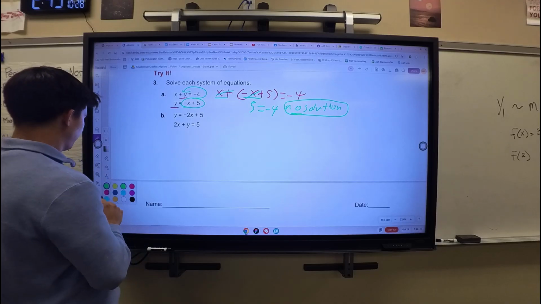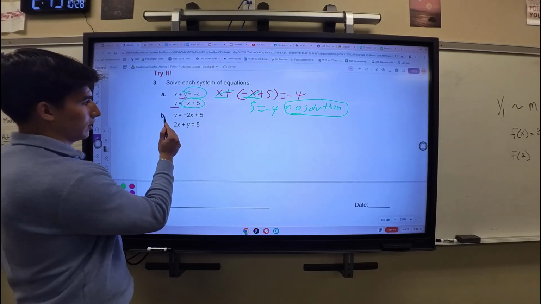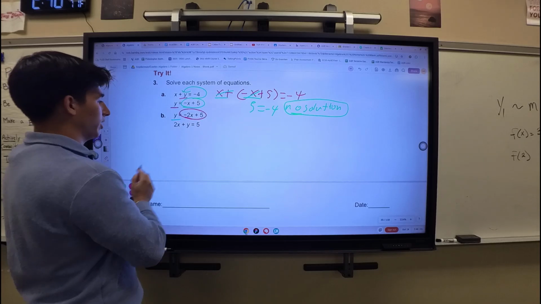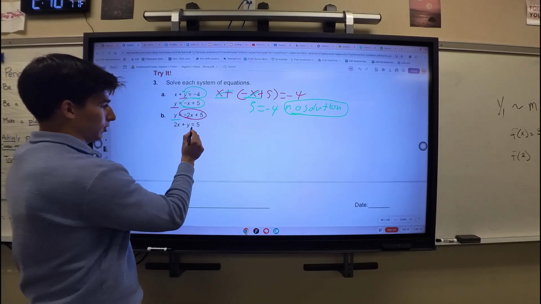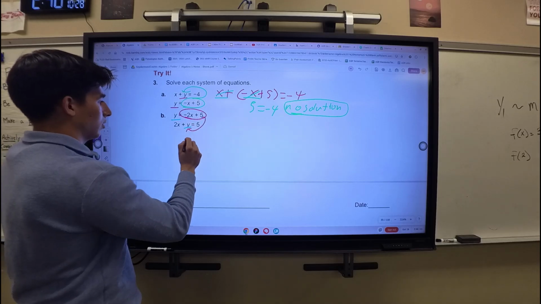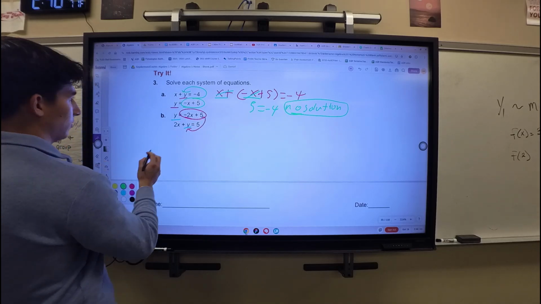Now, part B, we see, once again, y is already solved for. It equals negative 2x plus 5. We're going to substitute for the y in the second equation. So now we have to rewrite our second equation.